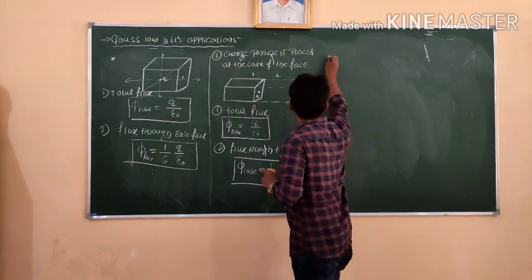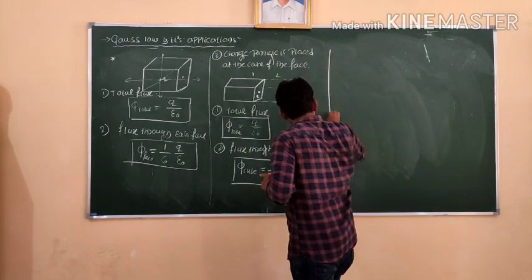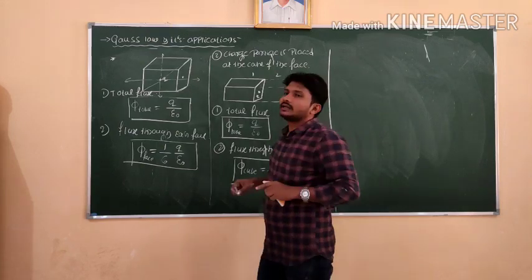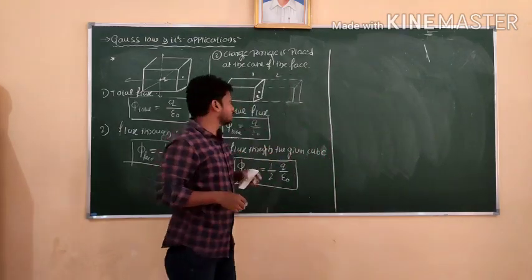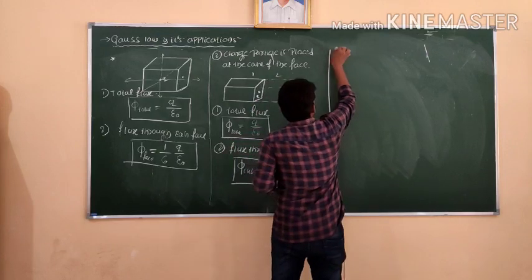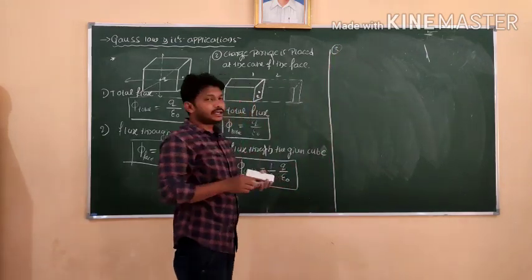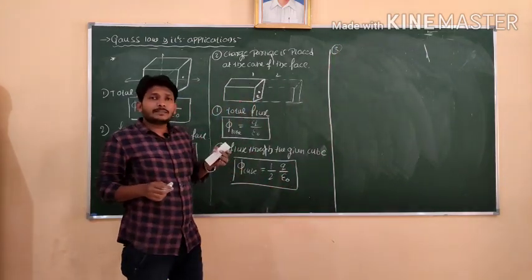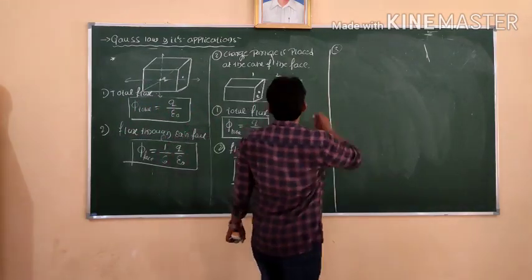So next situation I will consider here. Suppose the charged particle is placed at the corner. So in the third case I will consider the charged particle placed at the corner of the cube.